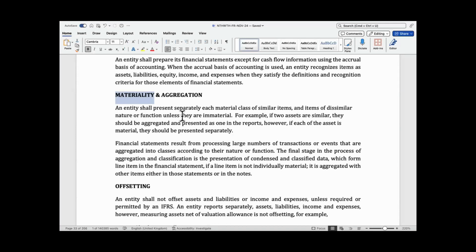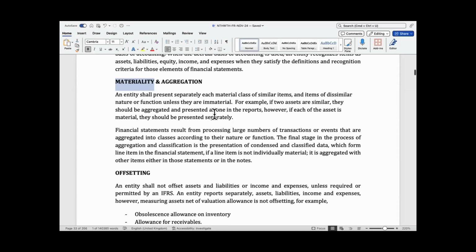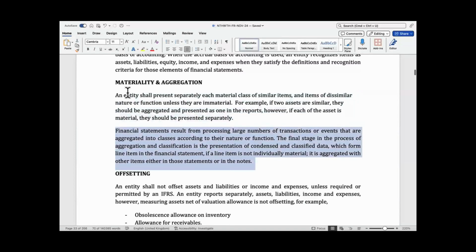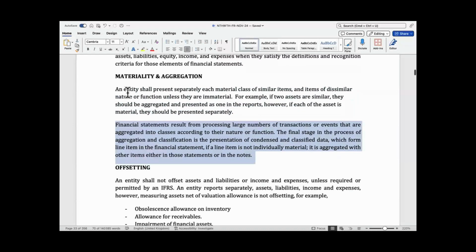You don't have to present them separately on the face of the account. And when I say on the face of the account, it doesn't mean in the P&L. You are talking about the notes. There are some items that even in the notes, you don't have to present separately. You can aggregate them together. So ultimately, it will depend on their materiality or immateriality. The key thing here is that any item that is material, you have to present separately.